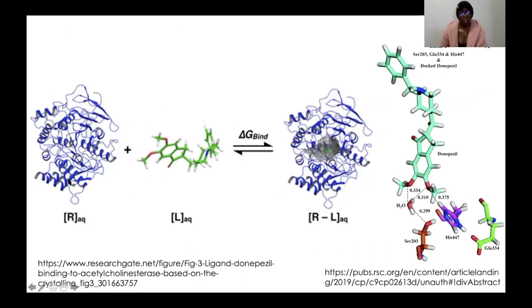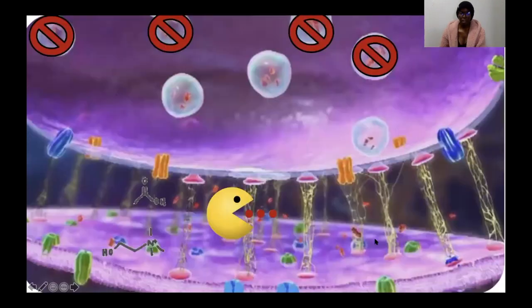So here we just have a subunit with our donepezil, and in here is where the donepezil would sit. This is the nitrogen here with our red oxygens here, and you can see how that bond is stabilized with the serine and histidine of the catalytic triad.